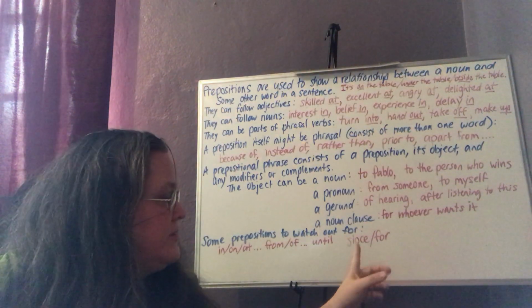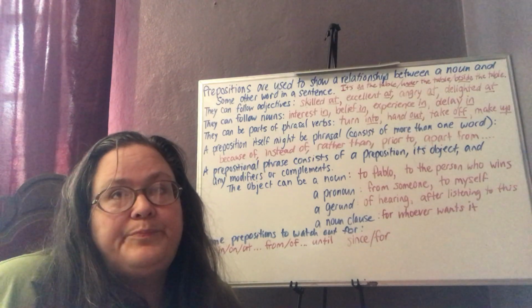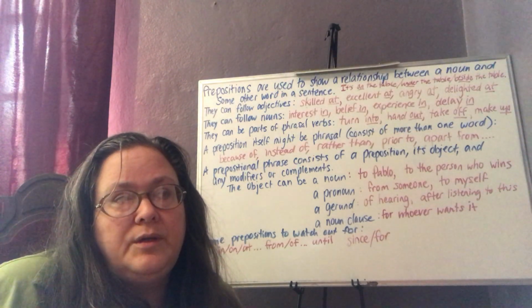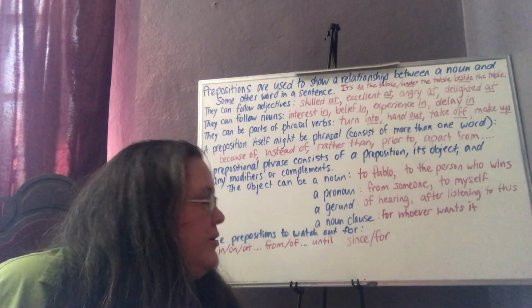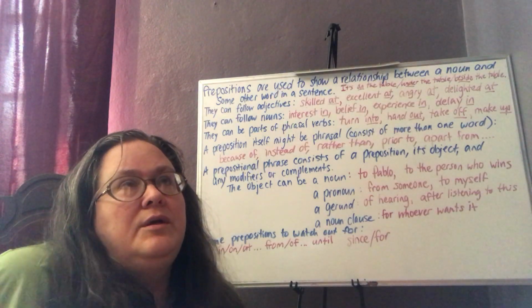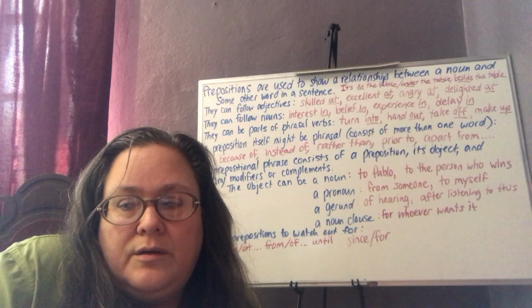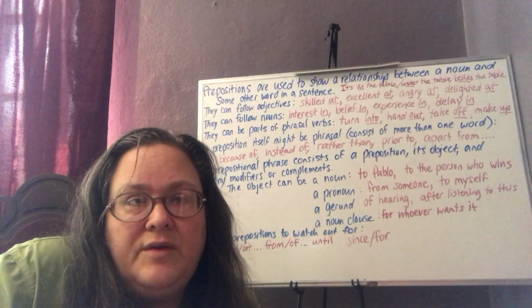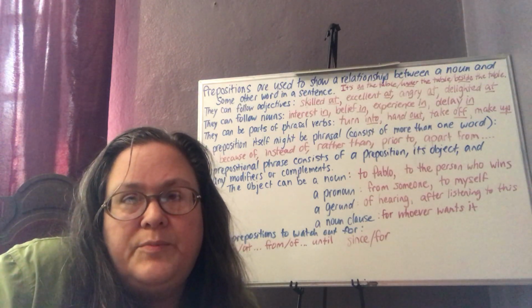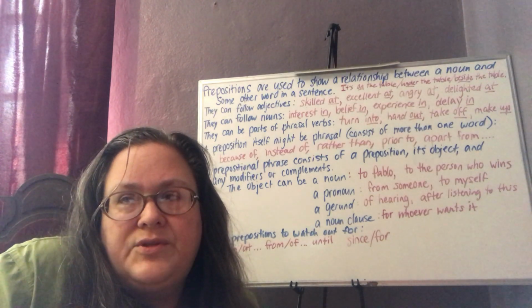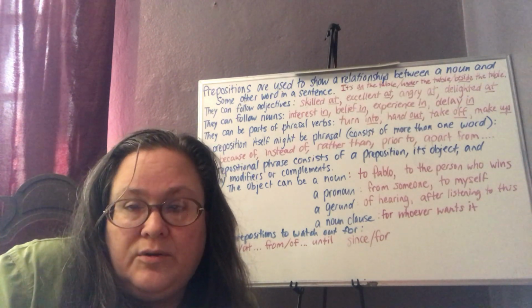And the words since and for. I'm trying to think of an example here. The word since, often I've seen people use it like this. I've been doing this since a child.